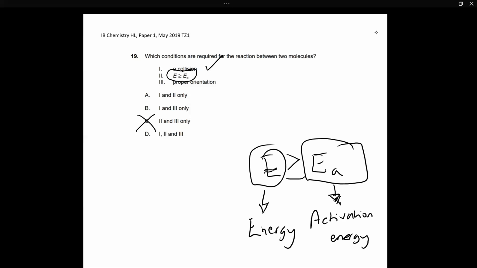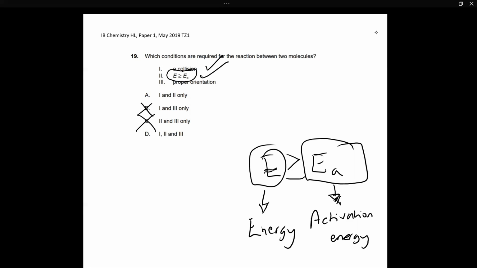If you want a successful reaction to happen between two molecules, well, 1, you need them to collide, and 2, you need them to have either the minimum amount of energy or exceed it. Either way, it's fine, but you need to at least meet the activation energy for a successful reaction to happen. So yes, we need 2 as well, and then we can automatically eliminate B because it doesn't involve 2.